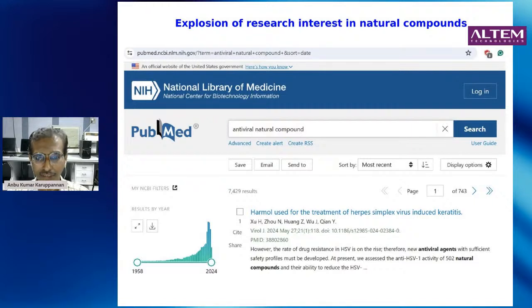I did this search yesterday when I was making the PowerPoint, and used the search terms antiviral, natural, and compound, and it fetched me this profile. So you can see that there is a huge explosion of publications on looking for therapeutic molecules in natural compounds or other natural material.